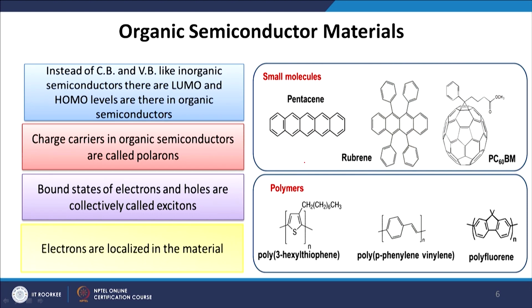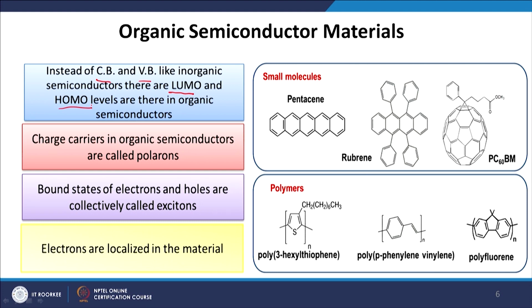Now, in this context, let us introduce some of the terminology which we use in organic semiconducting materials. In the inorganic semiconductor, we use conduction band and valence band, CB and VB. But here instead of CB and VB like inorganic semiconductors, we talk about the LUMO energy level and HOMO energy level in organic semiconductors.